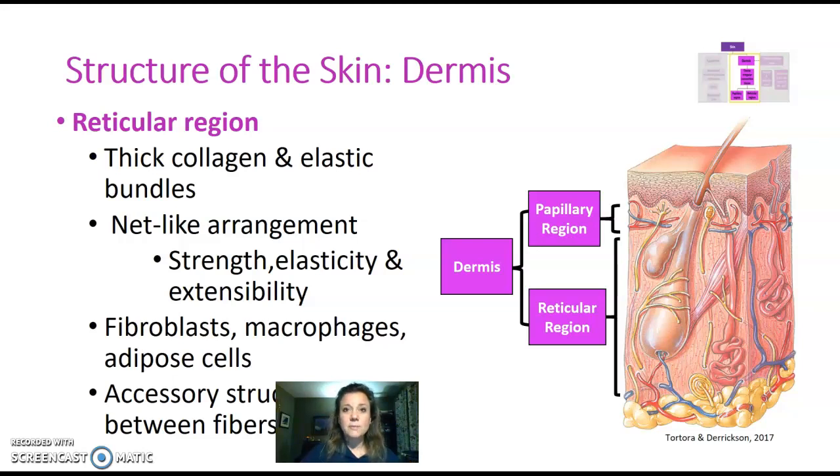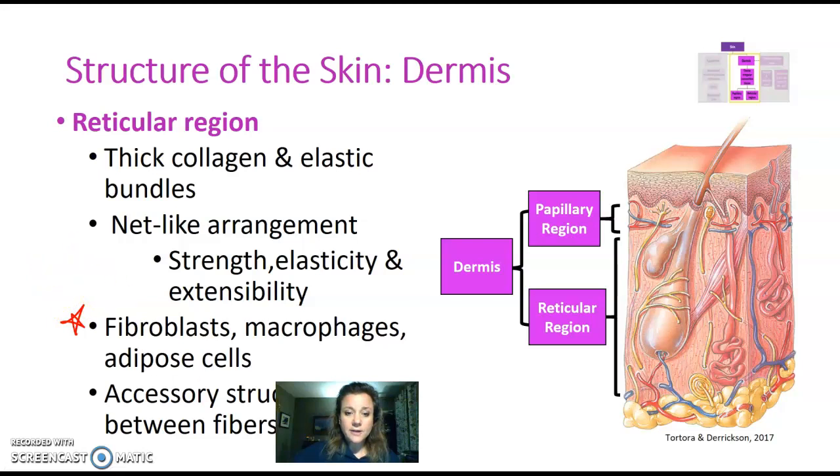If the fibers had been arranged all in the same direction, then there could be tearing and you would have stretch mark like marks on your skin, which would be evidence of a tearing or a ripping of the dermis itself. As I mentioned before, we have a number of different cells found inside of the dermis.